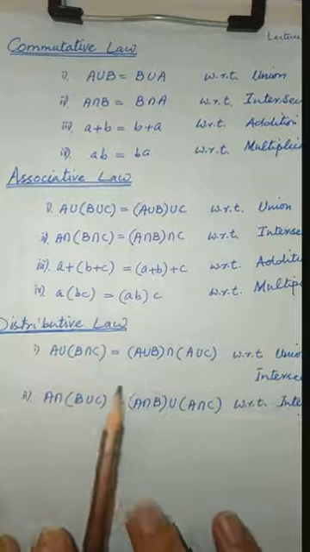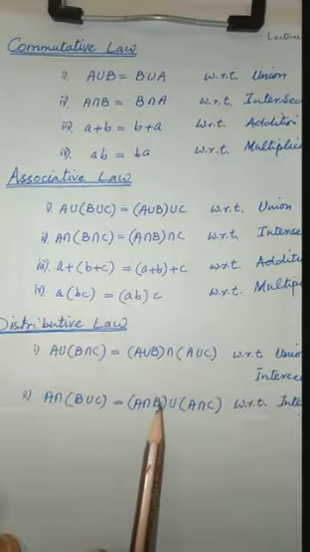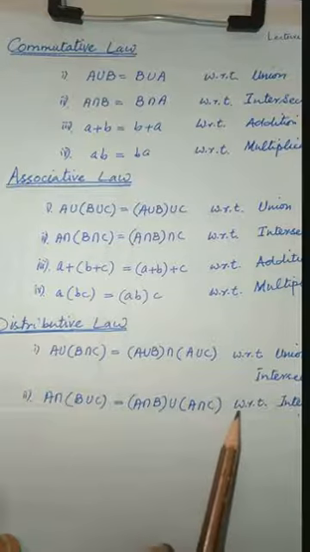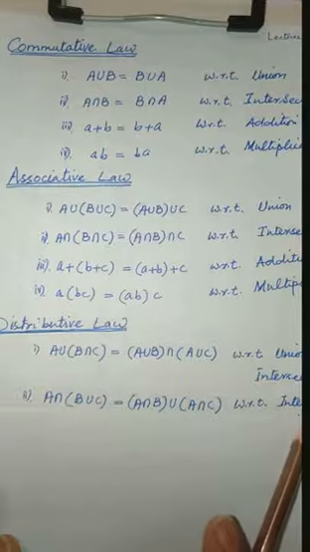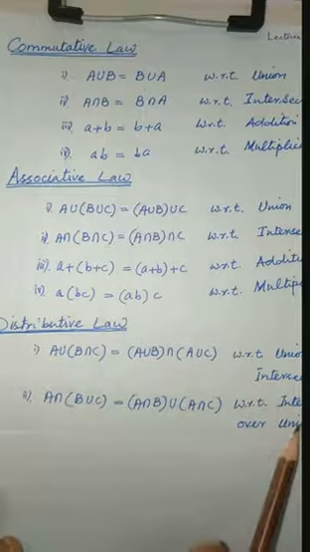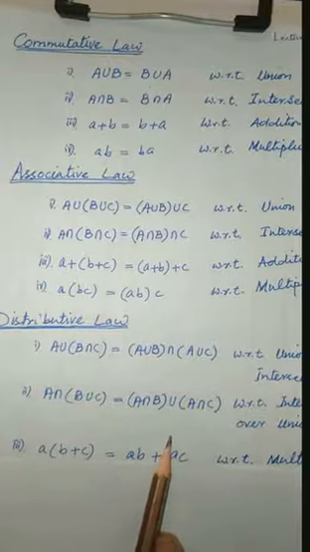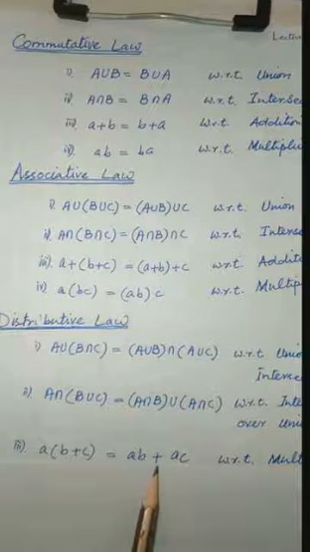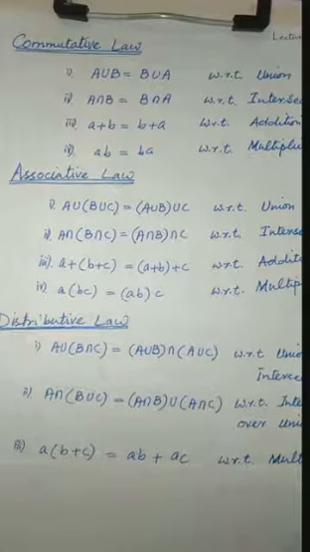We can write A intersection (B union C) is equal to (A intersection B) union (A intersection C). This is called the distributive law with respect to intersection over union. If three numbers are given, a into (b plus c) is equal to ab plus ac. This is called the distributive law with respect to multiplication over addition.